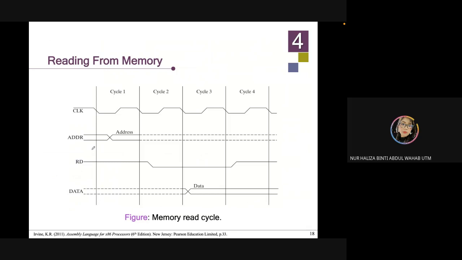And this one is an example only for your memory read cycle. You have the clock here. Starting from here to here, it is one cycle and then it continues. And when you have ADDR, what is the function of address? And then your RD and also your data.